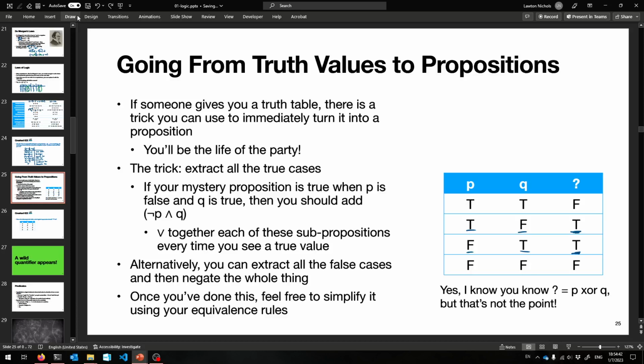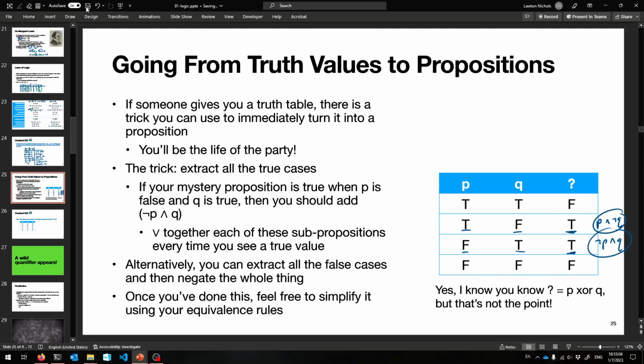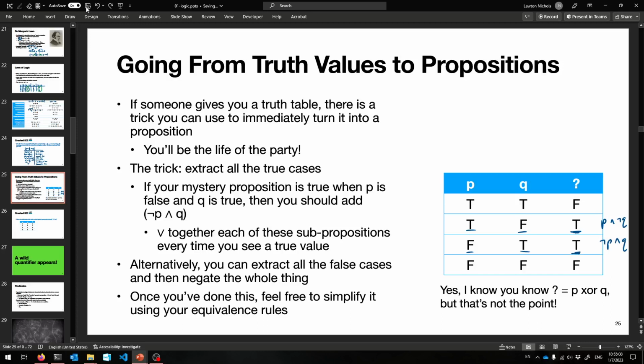This one is P is false and Q is true. This one is P is true and Q is false, P and not Q. And then the trick is, once you've identified those things, you just OR those together. That's the answer.